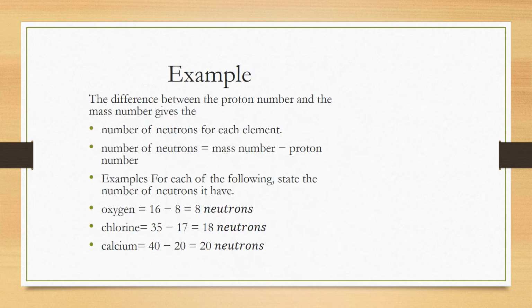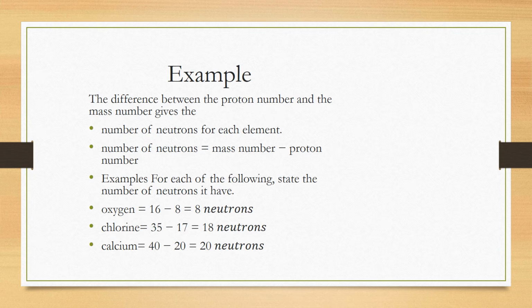Let's have a look at the following examples. Like I have said, the difference between the mass number and the proton number gives us the number of neutrons for each element. Remember, the proton number is also called the atomic number.